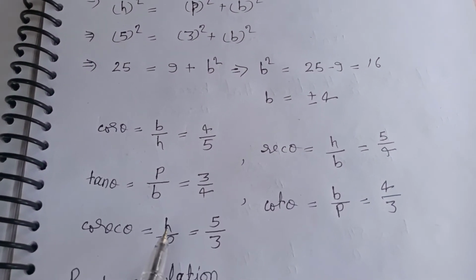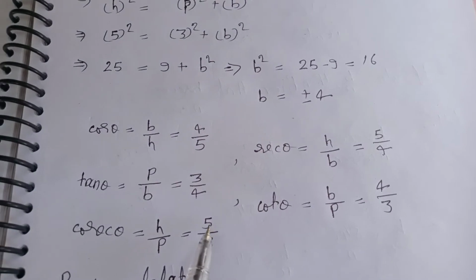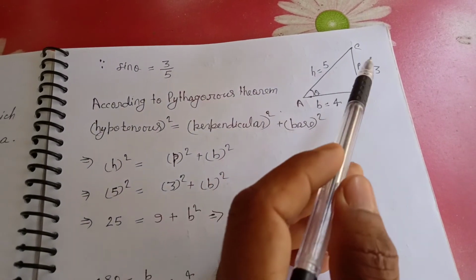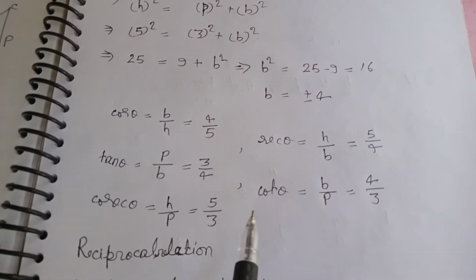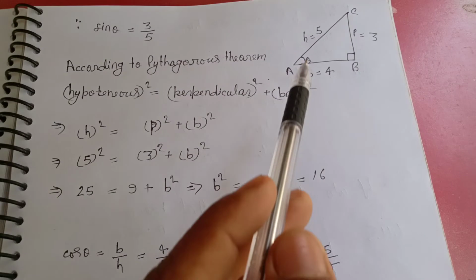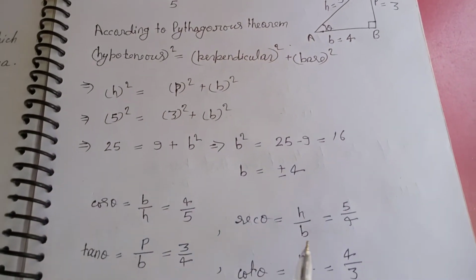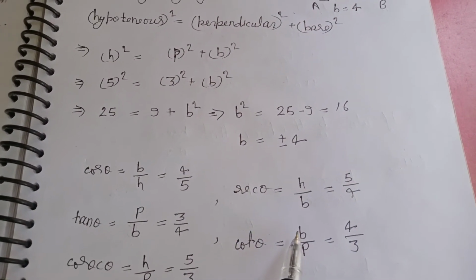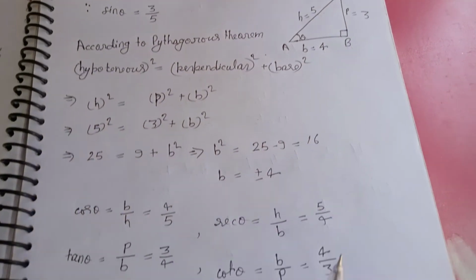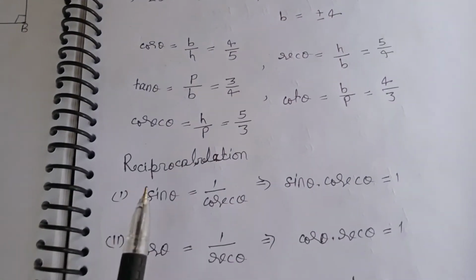Cosec theta equals hypotenuse upon perpendicular, that is 5 by 3. Sec theta equals hypotenuse upon base, that is 5 by 4. Cot theta equals base upon perpendicular, that is 4 by 3.